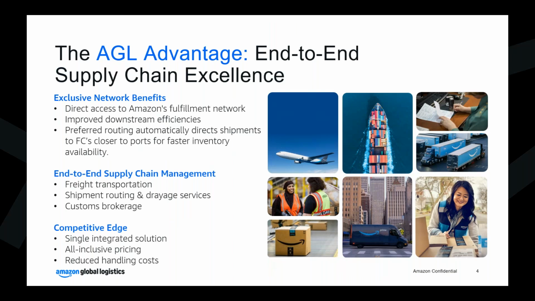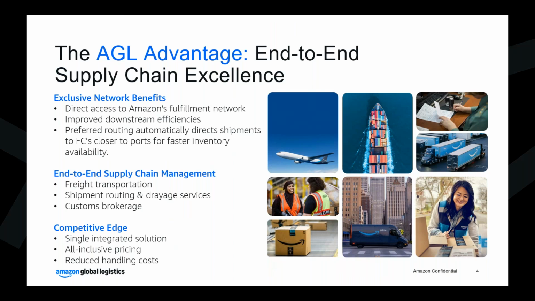As you saw in the other slide, everything is really covered by us. You have preferred routing automatically that directs shipments closer to the fulfillment center to ports for faster inventory availability. And you are also having the advantage of end-to-end supply chain management, basically freight transportation, shipping, routing, and trade services, customs brokerage.